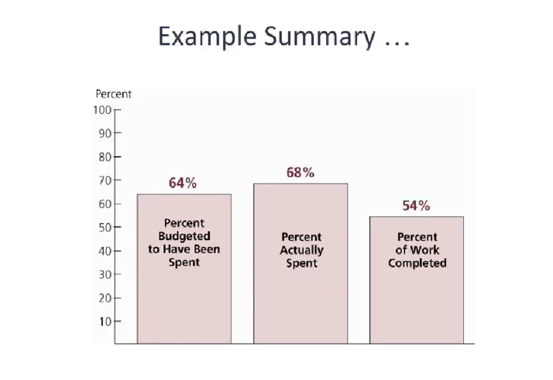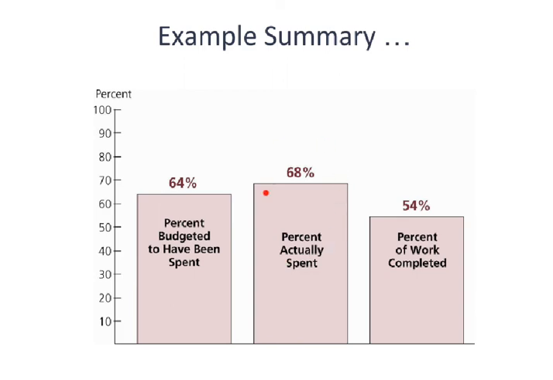This last slide summarizes the example in a more simple form, getting away from the cumulative plots that can be a little more confusing to interpret due to the fact that they keep changing with time as we progress out. And this takes a snapshot as of the end of week 8 where we're at. So what this is saying is that at this time we should have spent, this is what was budgeted, 64% of the money by the end of week 8.